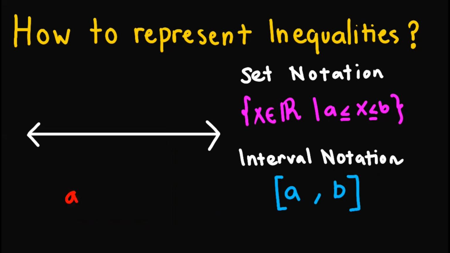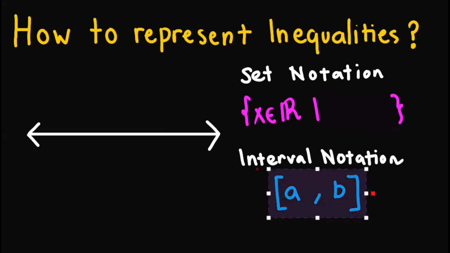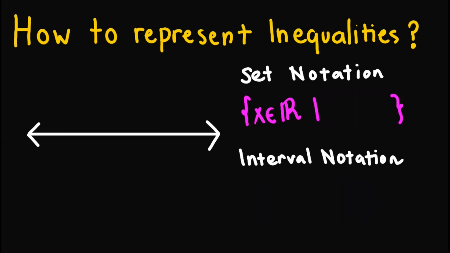So just a last set of examples for this representation of inequalities. Let's have this case wherein we have here A and we have here B. So how do we represent this?